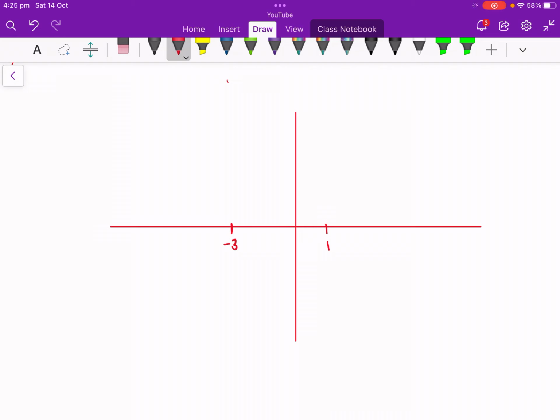One of the turning points was at 7/3, which is about 2.3. So it's about here. And then I'm going to say 13 is up here. Again, not to scale. So here's one of our turning points. Here's the other one. And we talked about how that's a maximum and that's a minimum.